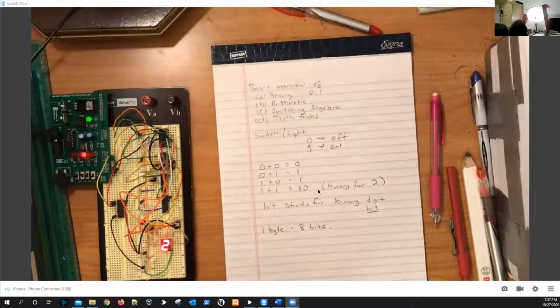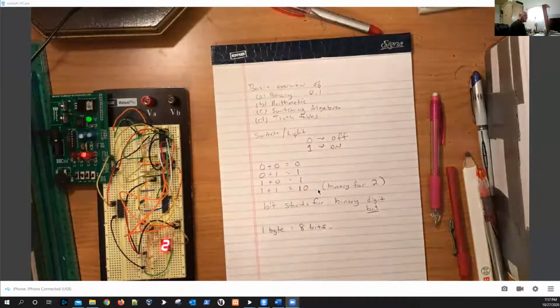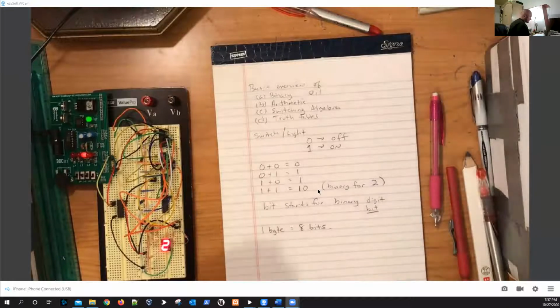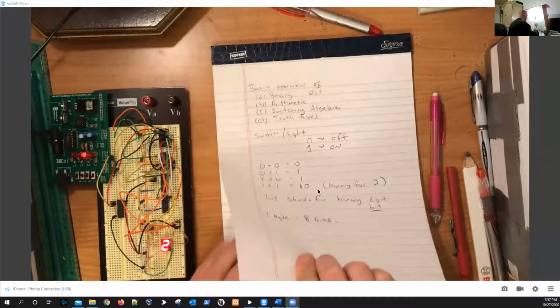And we won't go on to megabytes or gigabytes or kilobytes or any of that in this brief demonstration. But, so there you go. There's the basics of binary. That's the first thing I wanted to cover. And also the basics of binary arithmetic. Now, another thing that we do in this course is called switching algebra.